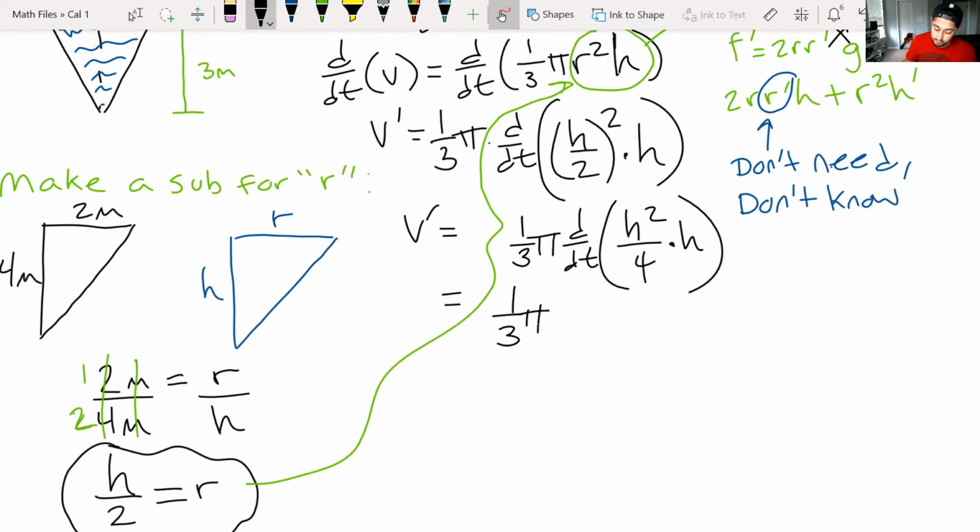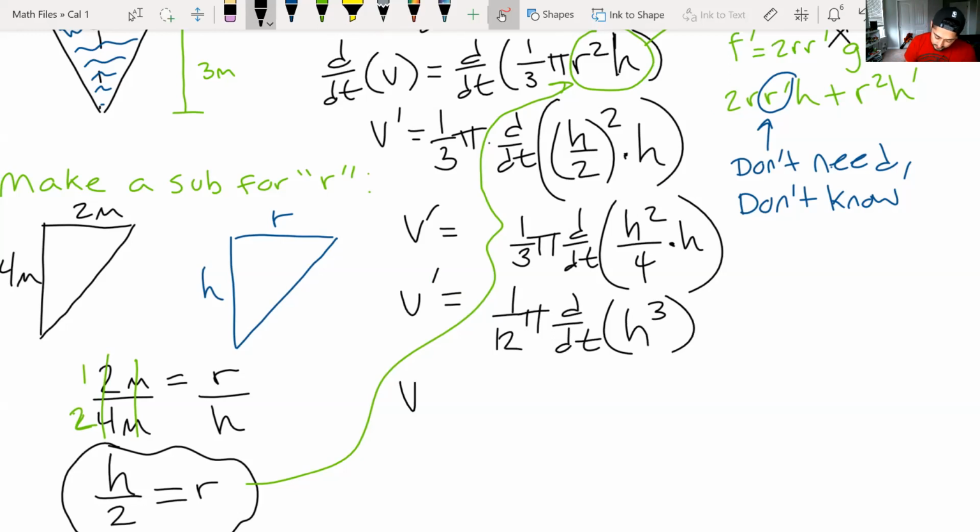So 1/3 times that 1/4 is now going to give me 1 over 12 pi d over dt of h squared times h, which gives me h cubed. Now we are ready for the derivative on the right side, an implicit derivative at that.